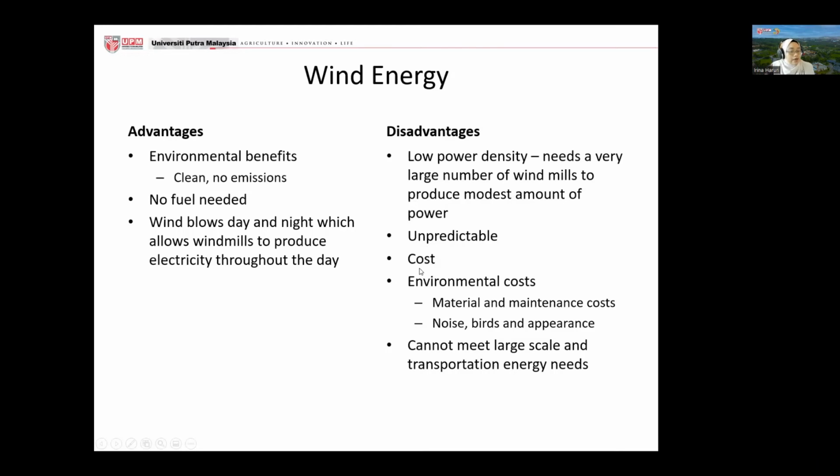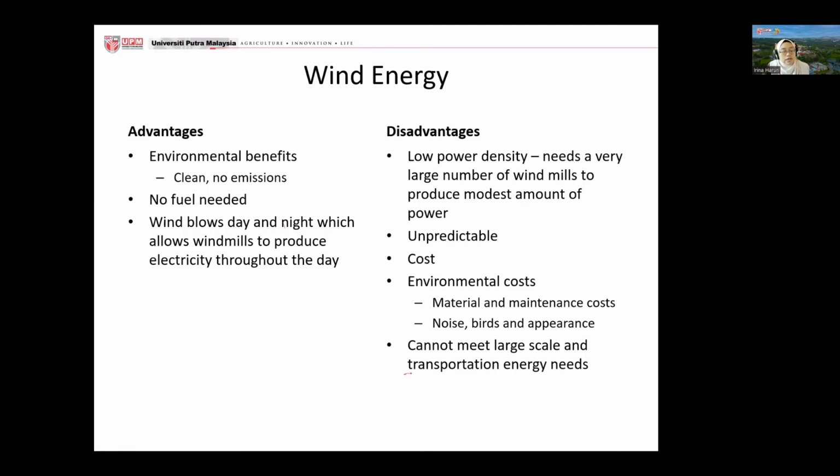The cost is quite high. There are environmental costs relating to material, maintenance costs are high, but also noise, birds, and appearance, people looking at the landscape, for example. And if you think about it, it cannot meet large scale and transportation energy needs.